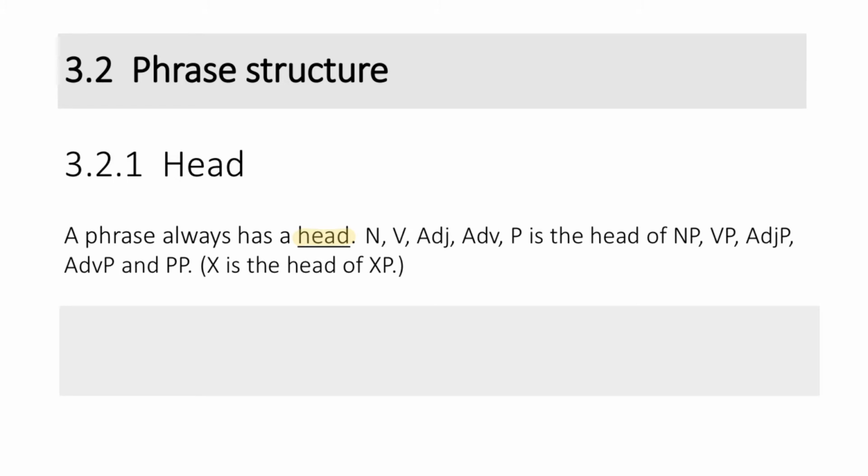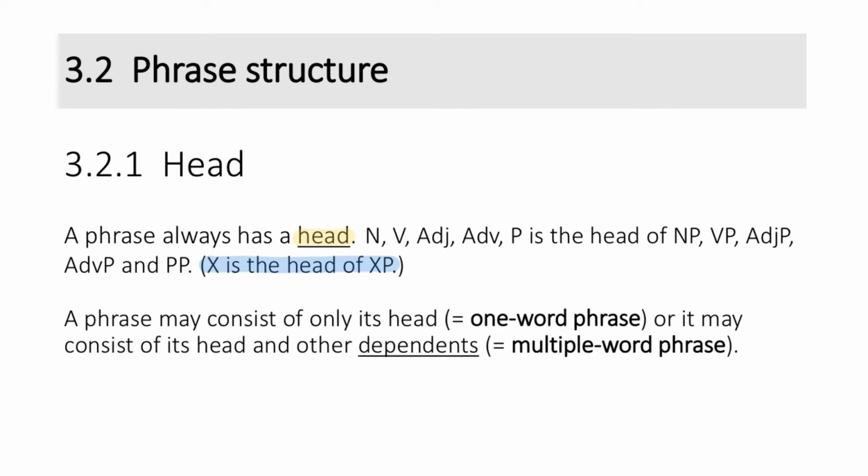It can be said that an X is the head of an X phrase. A phrase may consist of only its head, or it may consist of its head and other dependents. The first is called one-word phrase, and the latter is called multiple-word phrase.